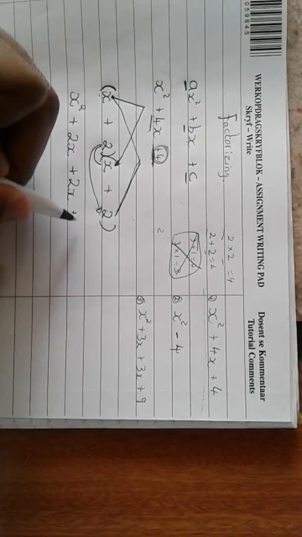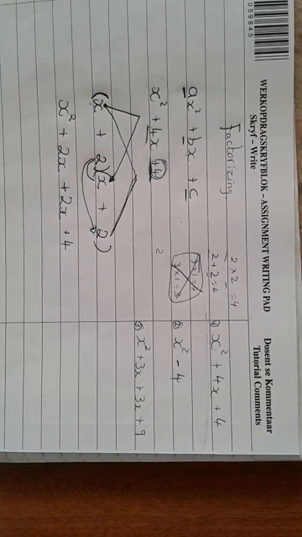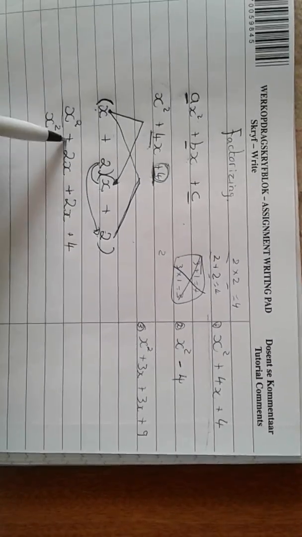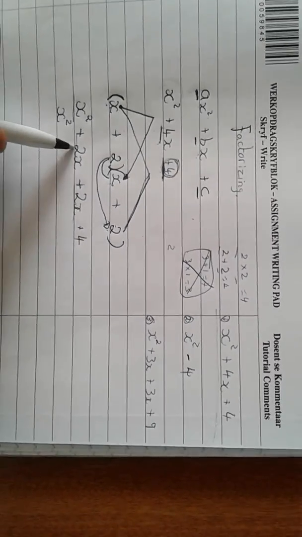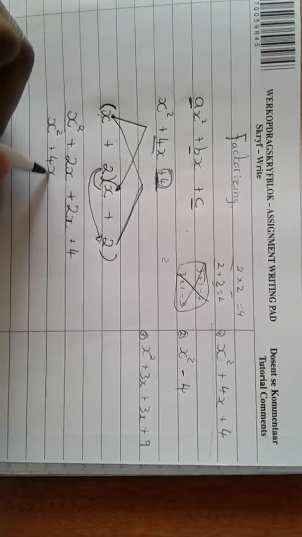And then you take this 2 and multiply it with that. I hope you are following me here. It's going to be 4. Now you check for your like terms, which we covered on our first 2 videos. So this has no like term. You write it as it is, x squared. This and this are like terms. So you just say 2 plus 2, which is 4x.